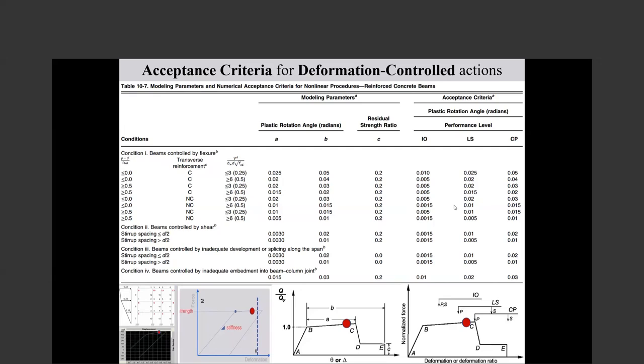Of course, you can introduce the material properties because, as an input, you give the stress strain curve for the material, and then give the distribution of concrete and reinforcement in the section.